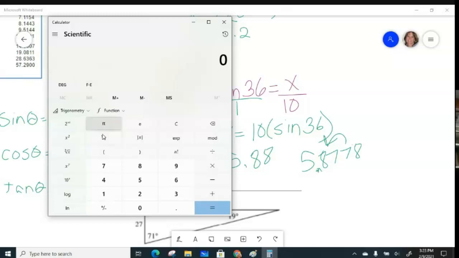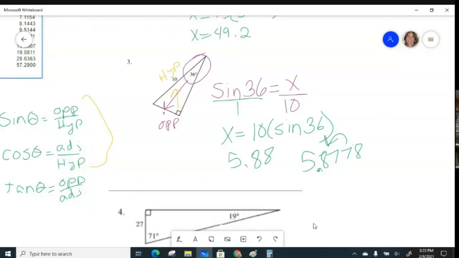So the sine of 36, if I put in 36 and I get the sine, that is 0.5877 on and on. What we then need to remember is that it's 10 times the sine of 36, so we have to tell it to multiply by 10. And that's where we get the 5.877. Did that answer your question, Ashley? Okay. Just make sure you put the whole thing in there. That's the only part that gets kind of flumpy around here.